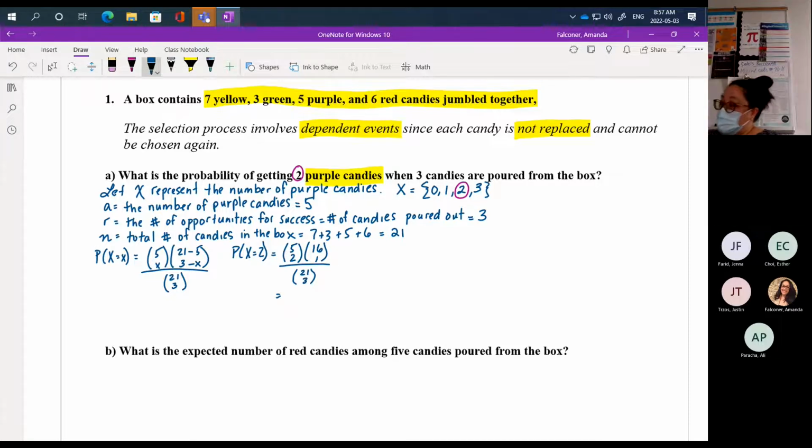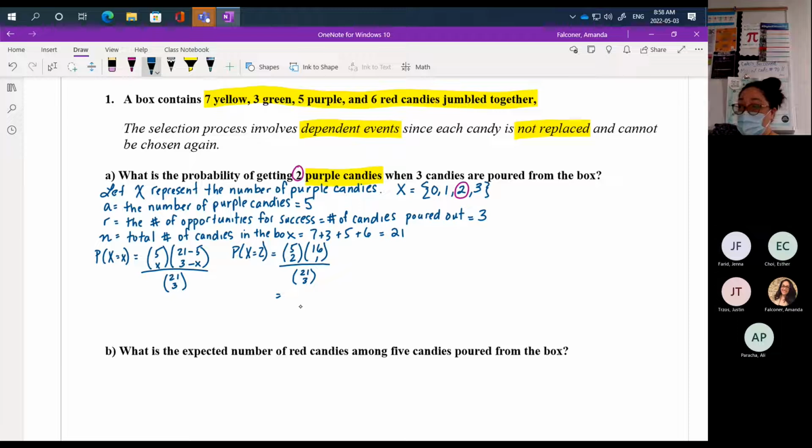But this is the place where you may have been able to do this using just unit 2 strategies, because the first combination is representing the purple candies, and the second combination in the numerator is just representing the other colors grouped together. There's 16 other candies that are not purple. And then in the denominator, it's still total unrestricted, total of 21, selecting 3.